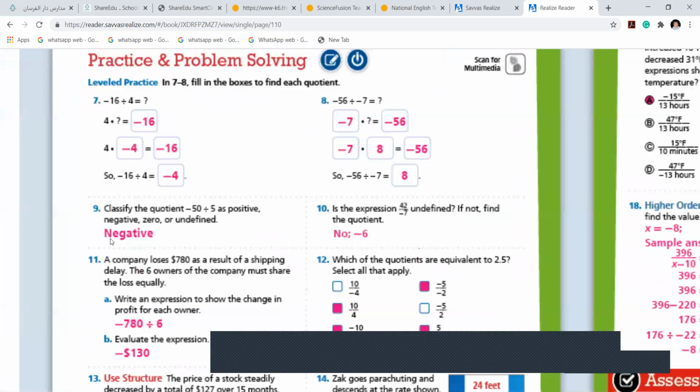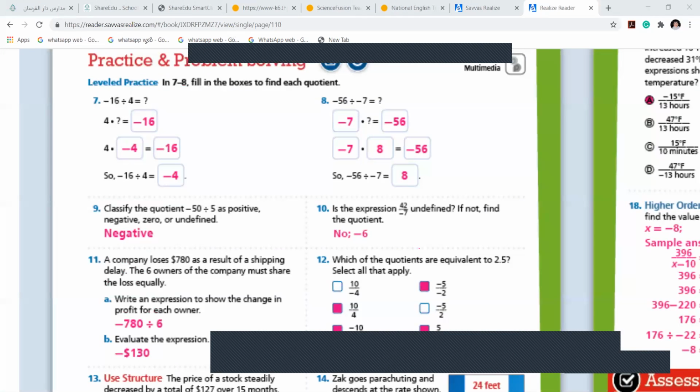Now here, girls. Answers are here, but I need to show you how you get it. Everyone knows that 16 divided by 4 is 4. So when I do minus 16 divided by 4, 4 times what gives you minus 16? Can anyone tell me?